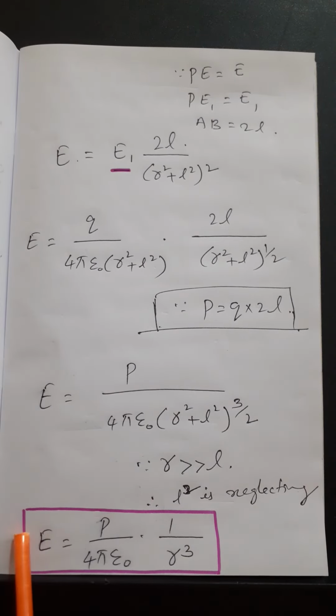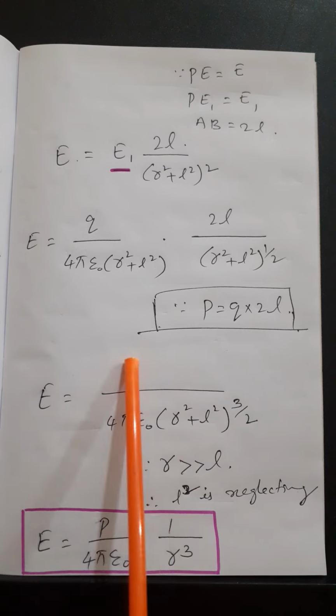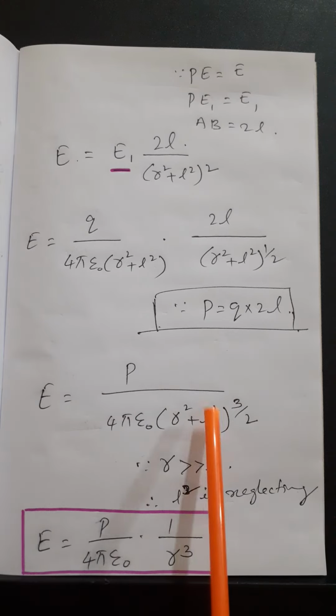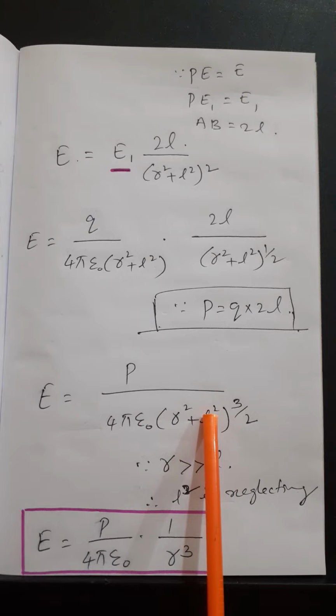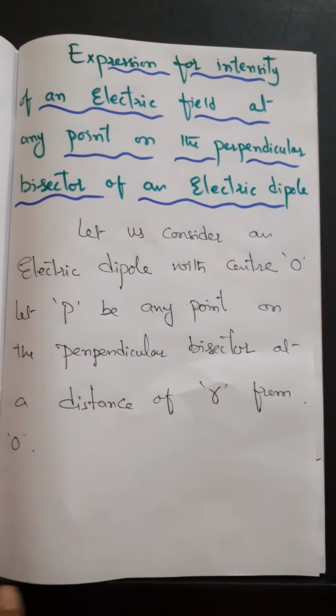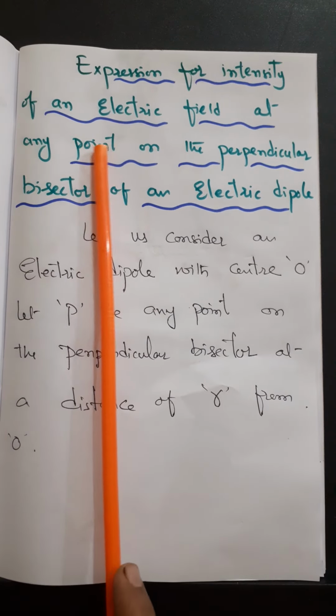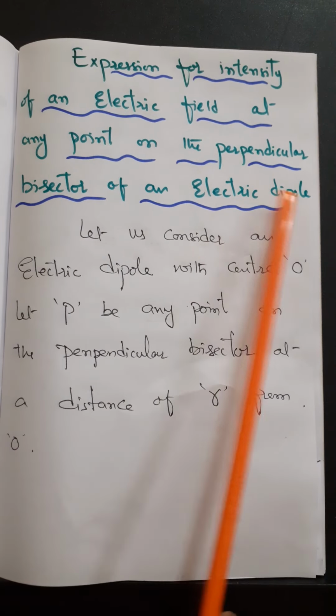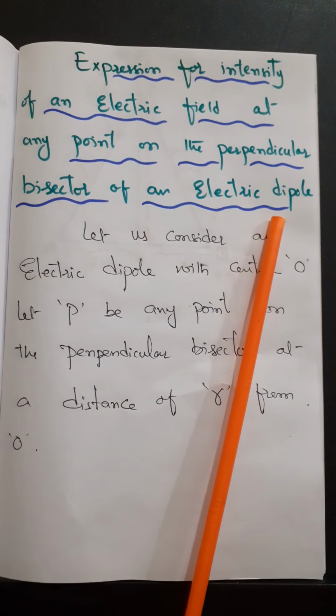Then we can write E is equal to P by 4 pi epsilon naught times 1 by R cube. This is the expression for the intensity of an electric field at any point on the perpendicular bisector of an electric dipole.